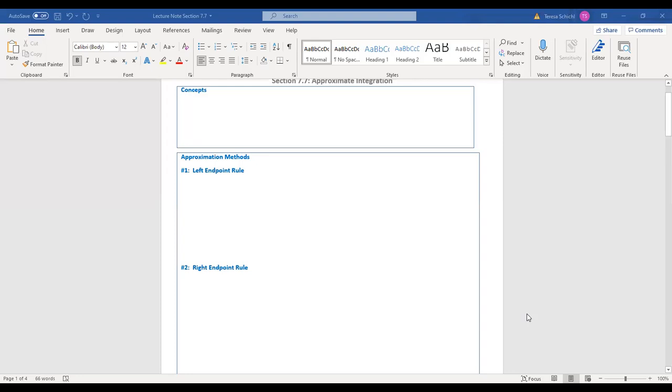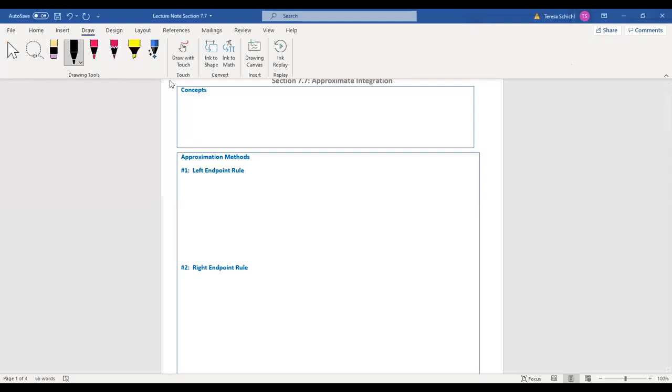The key concepts here: we just want to approximate the definite integral by using the left endpoint, right endpoint, midpoint, and trapezoid rule, and the Simpson's rule.